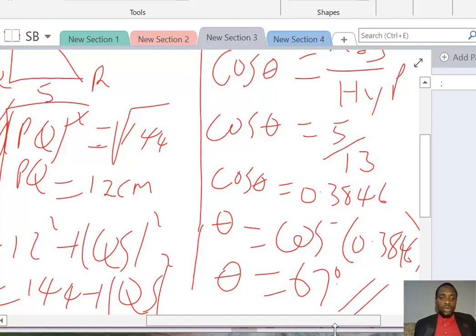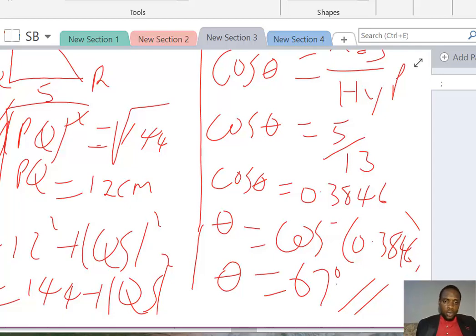So that is how we solve question on trigonometry ratio and Pythagoras theorem together. We have many questions like that in our SSC past questions.